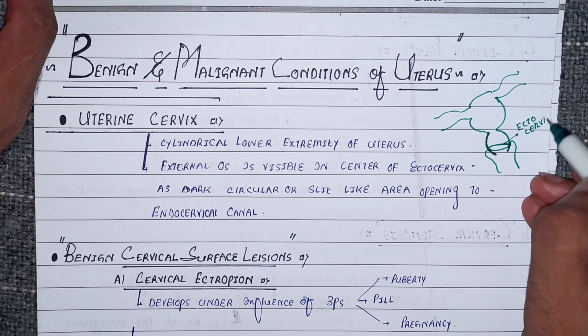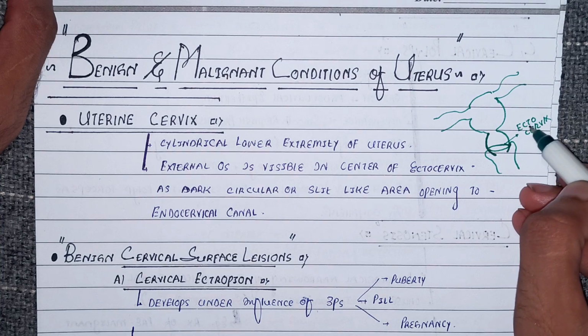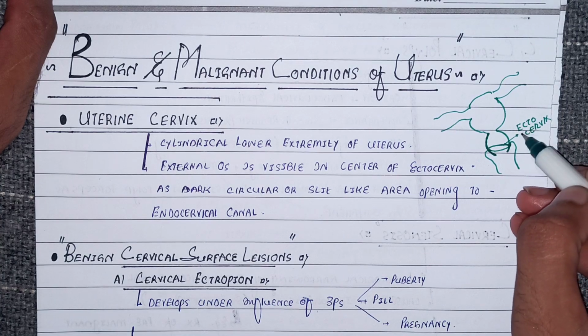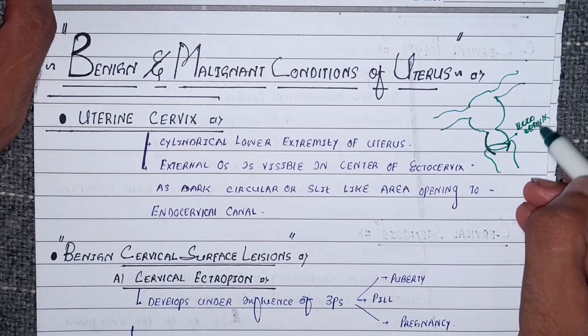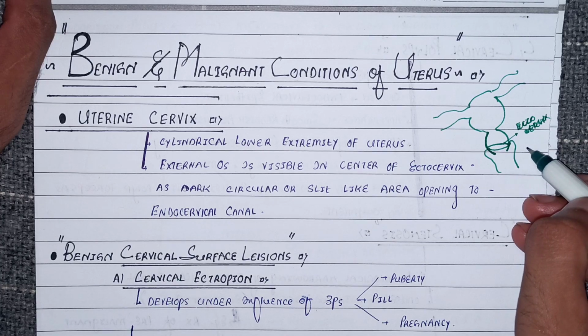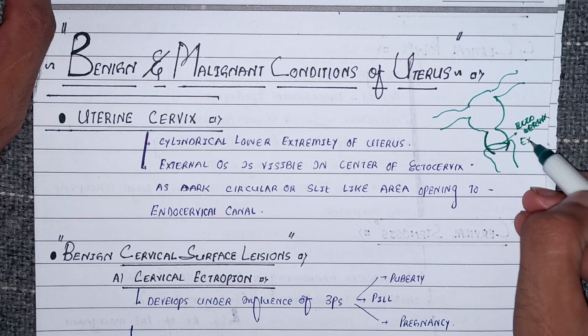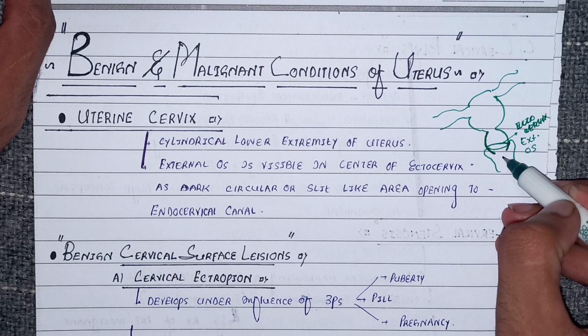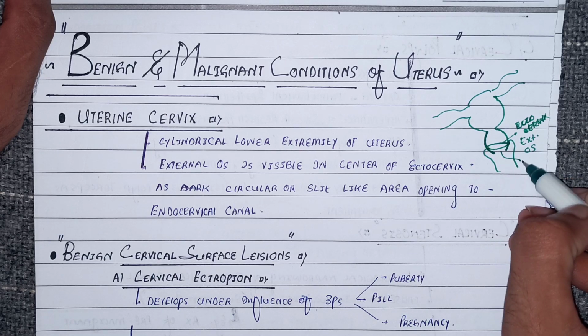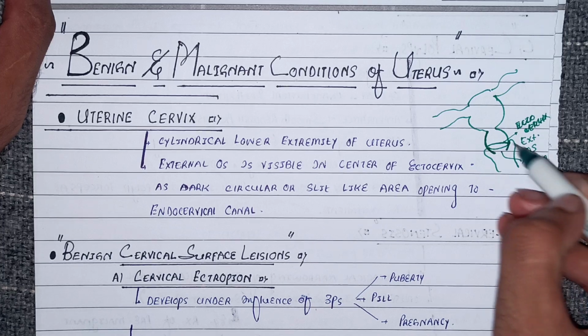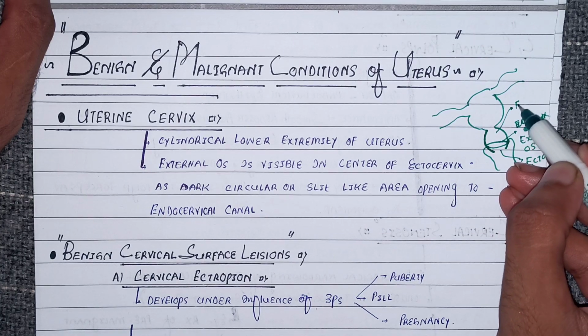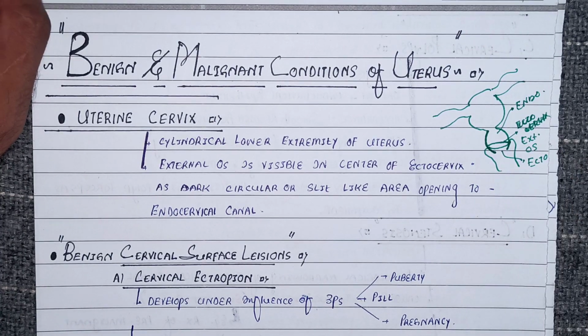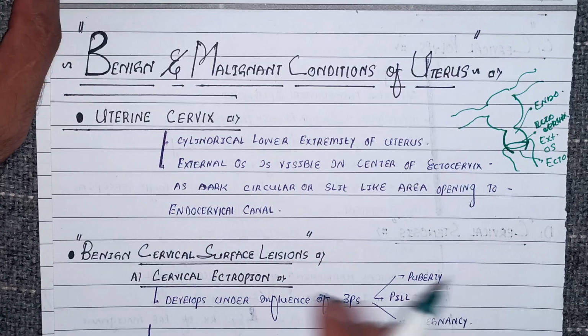This opening is called the external os. And this lower part of the cervix is called the ectocervix, right? And this above part of the cervix is called the endocervix. If you didn't get it from this picture, I have another for you, don't worry.